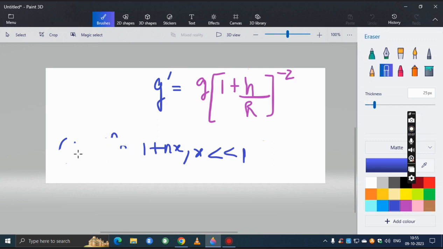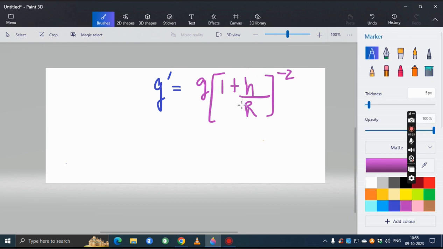Apply this binomial approximation over here. If we apply that approximation, h should be much lesser than r.